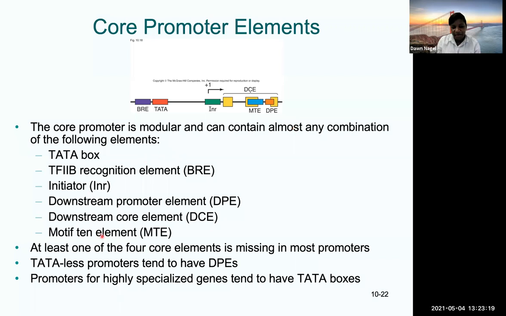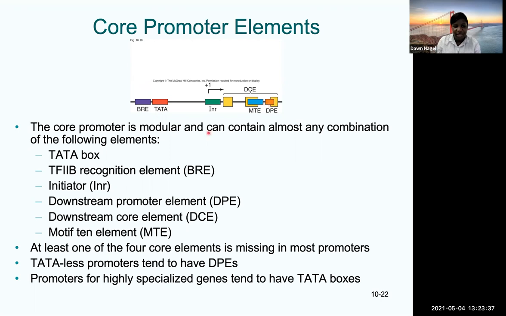These elements can be found, you can have 1 to 4 depending on the promoter. For example, if you don't have the TATA box present, you will need to have this DPE present, and you'll see why that is later on.